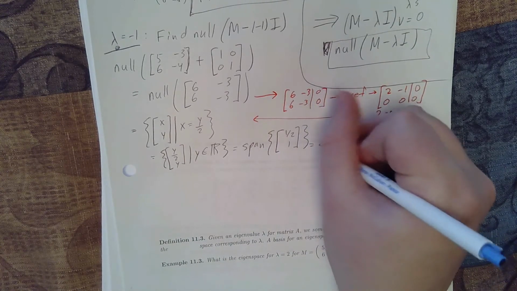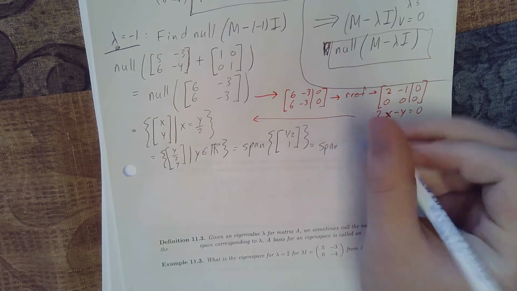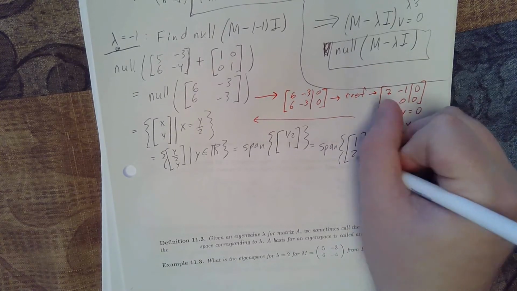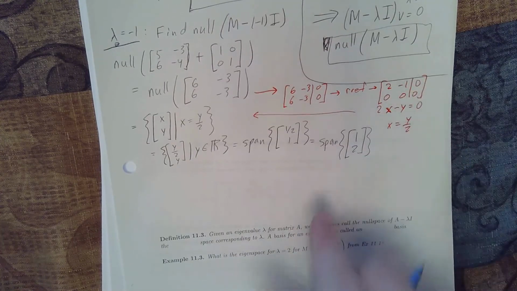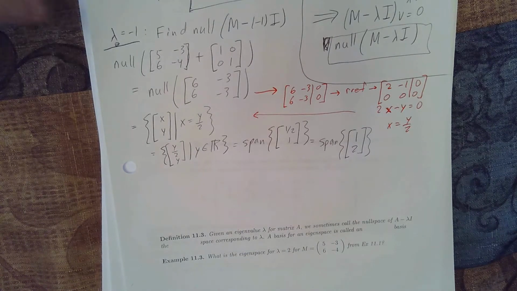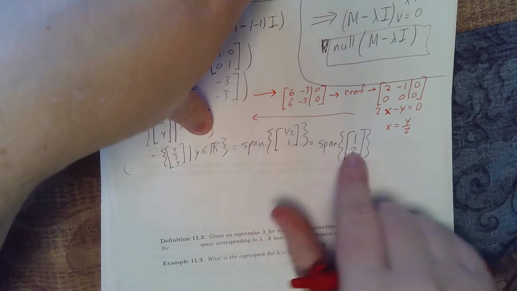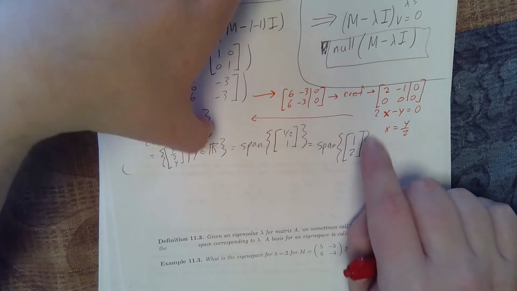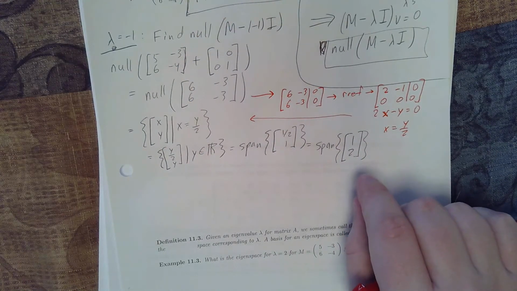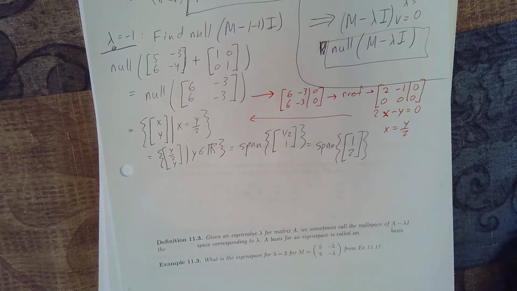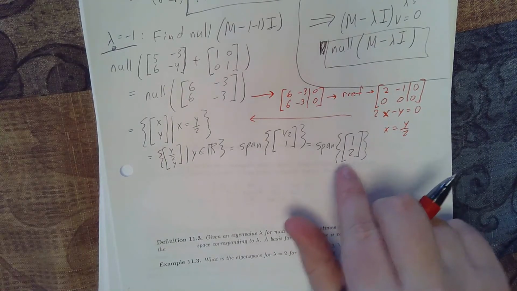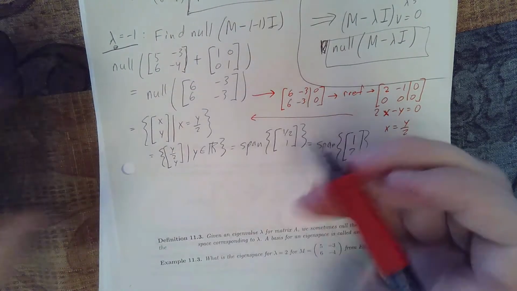Which we can think of as being the span, if it makes our lives a little easier, of 1, 2. So remember, since we have the span, we're really looking at any multiples of these vectors. So it's not just 1, 2, it also could be 2, 4, negative 1, negative 2, 100, 200, and so on and so forth. And so this is going to be our eigenvectors associated with negative 1.